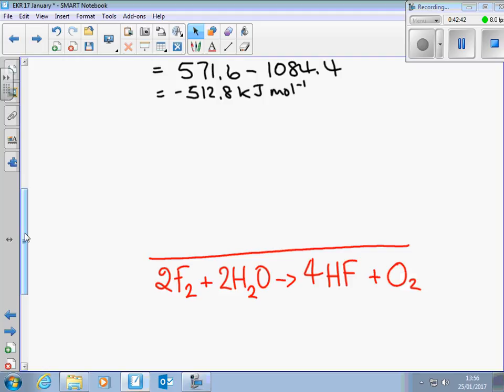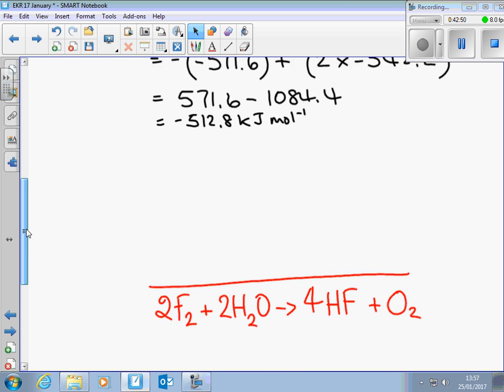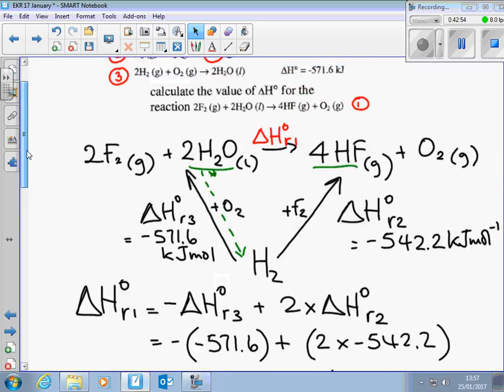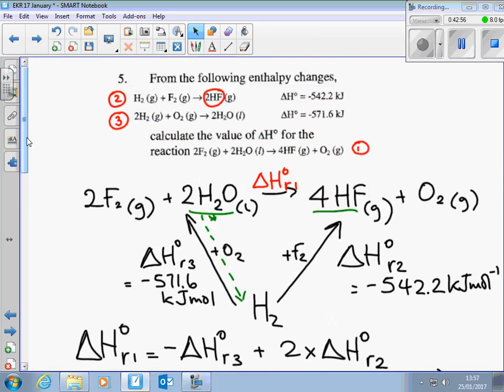All right. Now, let's just look at the 2 equations we were given. I'm going to have to keep scrolling up and down here. So let's have a look at equation 2. Equation 2 has hydrogen on the left, fluorine on the left, and hydrogen fluoride on the right.